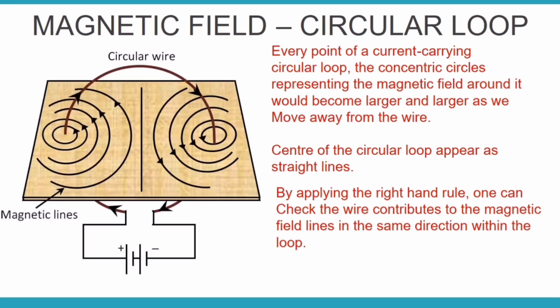At every point of a current carrying circular loop, the concentric circles representing the magnetic field around it would become larger and larger as we move away from the wire. The center of the circular loop appears as straight lines. By applying the right hand thumb rule, one can check that every part of the wire contributes to the magnetic field lines in the same direction within the loop.